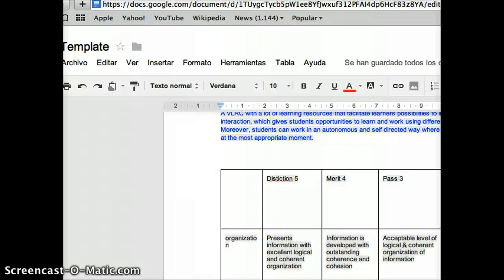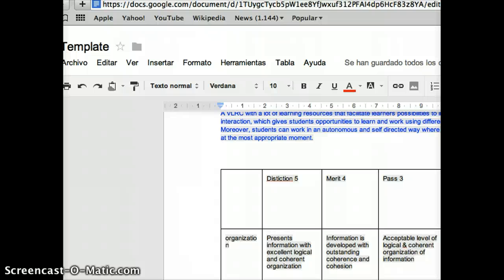As I said before, what we really want to give our learners is the opportunity to evaluate themselves in terms of improving their learning process. For that reason, we consider the rubric very important.